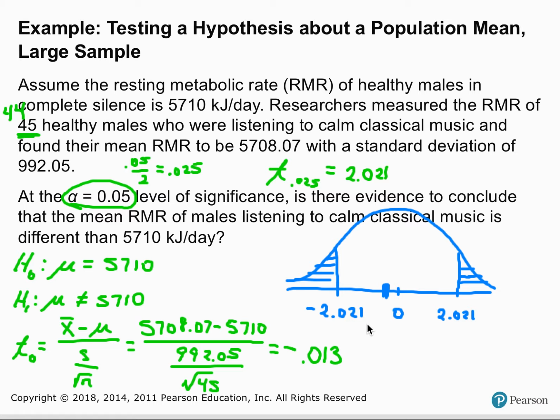Okay. Now, if I were doing the p-value approach, this is all the same. Every bit of this to right here is the same. The only difference is, instead of looking for these values, I'm looking for the probability of being in this region.